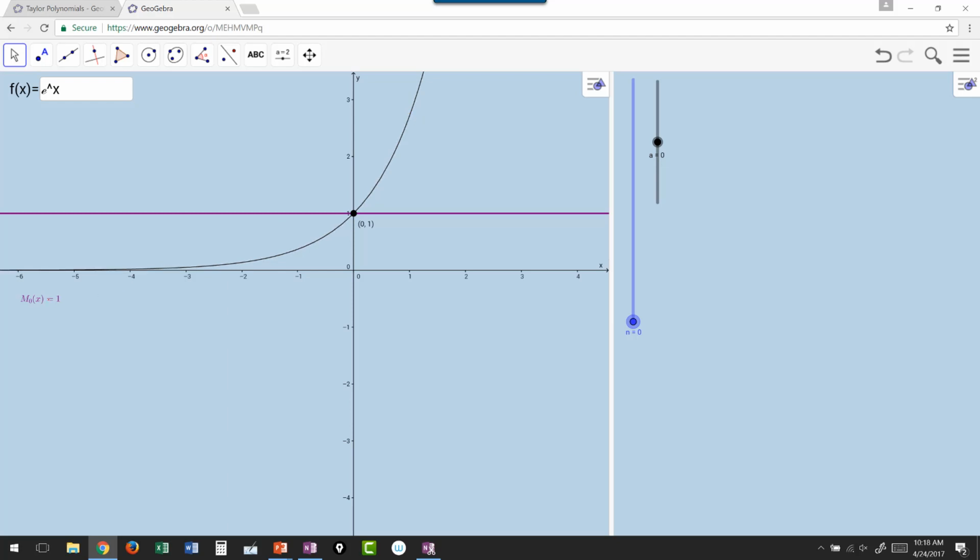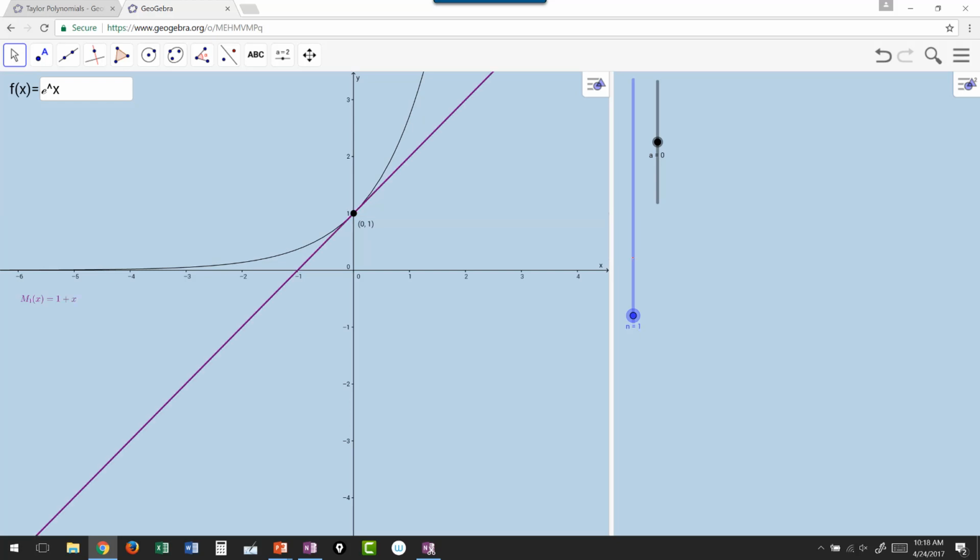The applet now is going to show us the actual Taylor polynomial for whatever degree we pick, and it starts off with the constant function 1, right? So remember, the functions have to agree at 0.